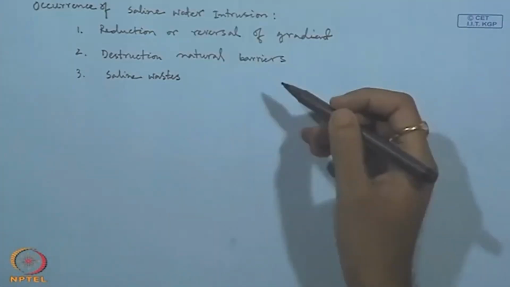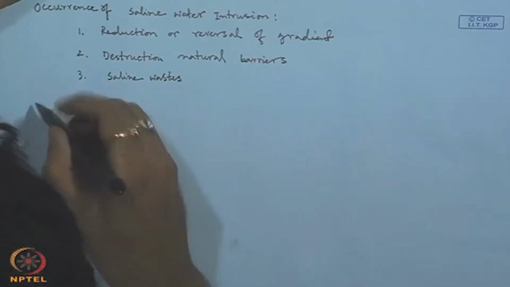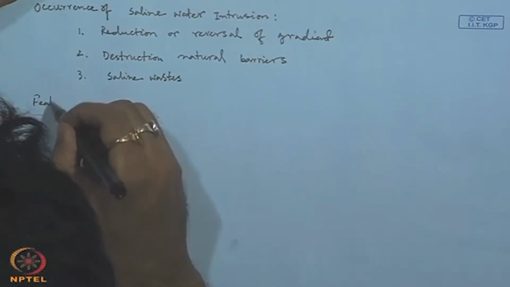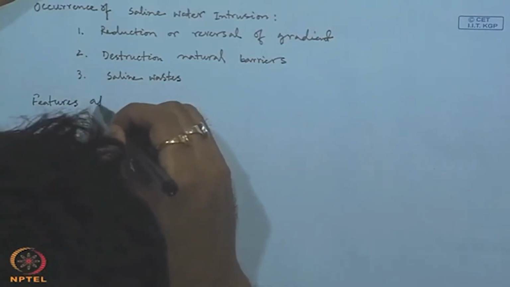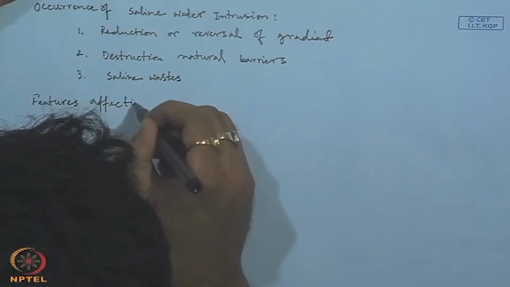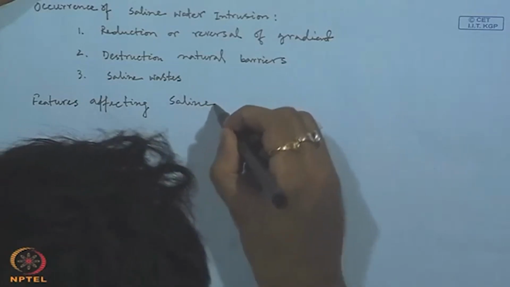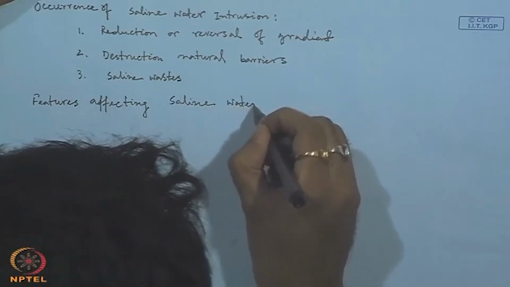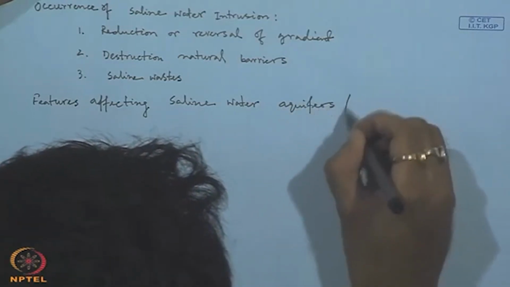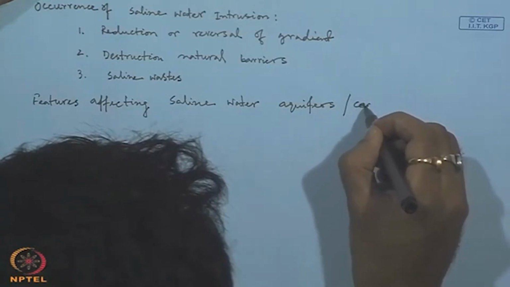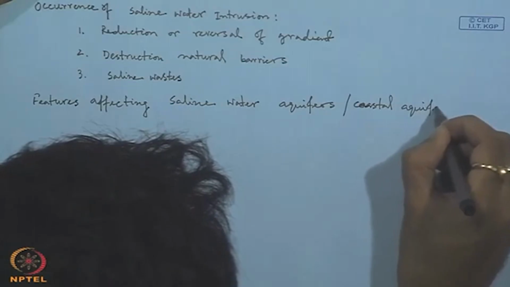So, now we will try to figure out the features which are affecting saline water aquifers or coastal aquifers.